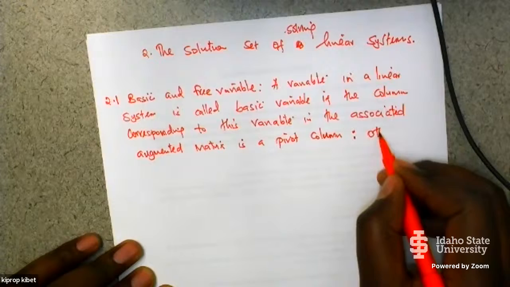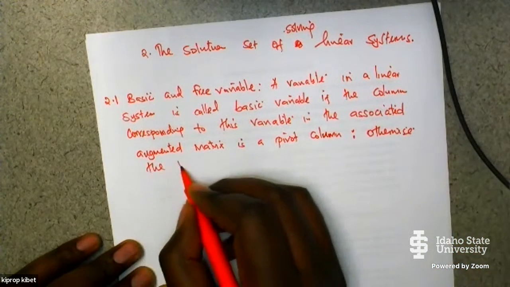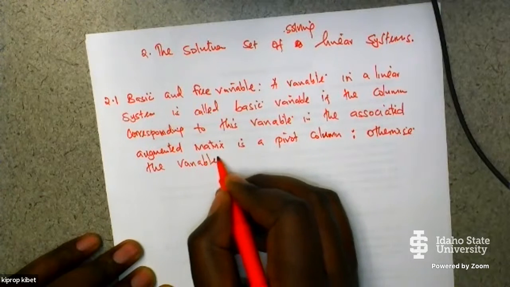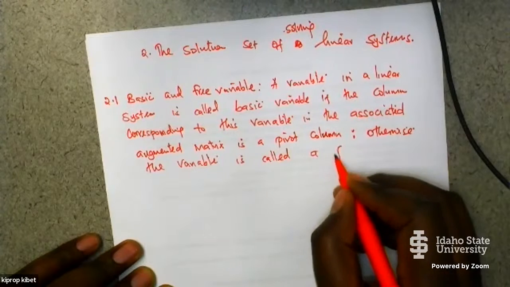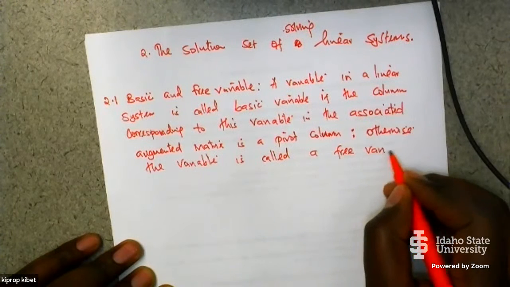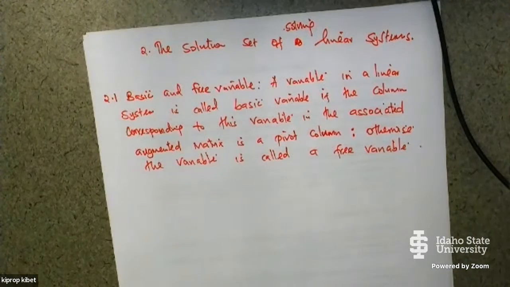Otherwise, the variable is called a free variable. So where we have the pivot position or the pivot column, that is what we call the basic variable.